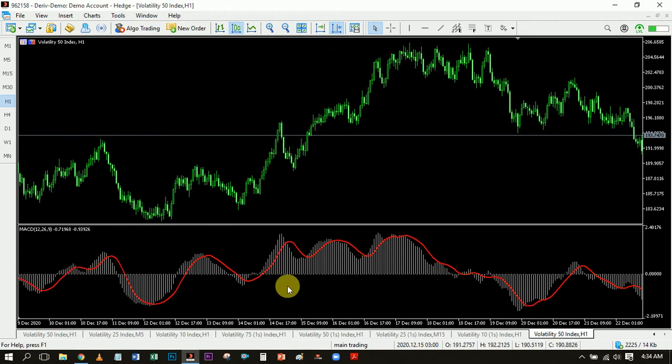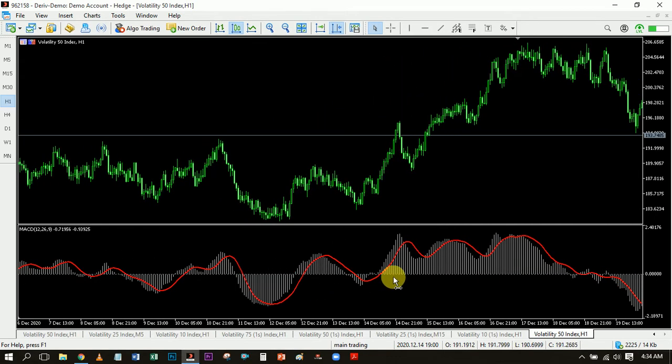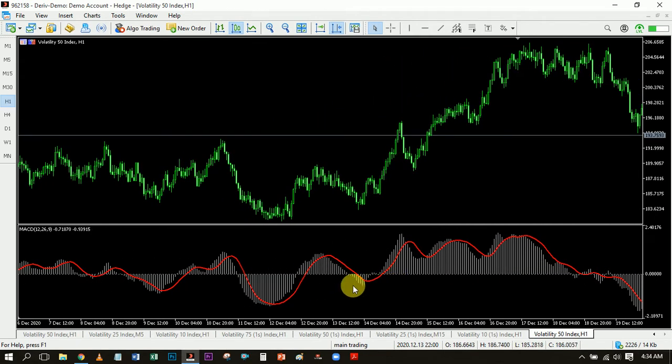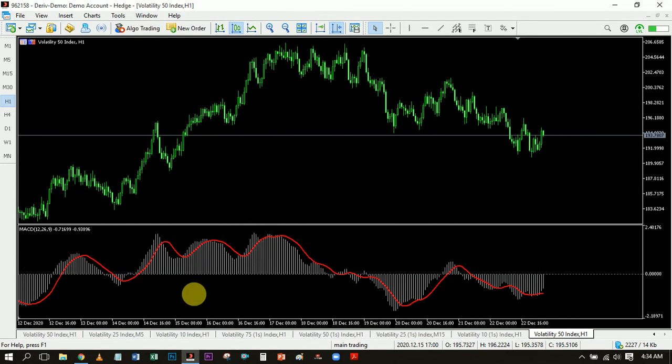So now, going straight to how to use the MACD. Number one, the first thing you need to understand is that a lot of traders, whenever they see that the market is in an oversold region like this, the moment the histogram crosses above this red line, a lot of people like to buy along here.